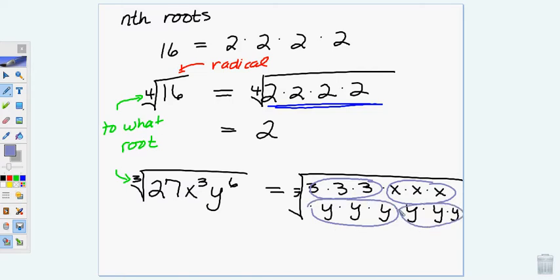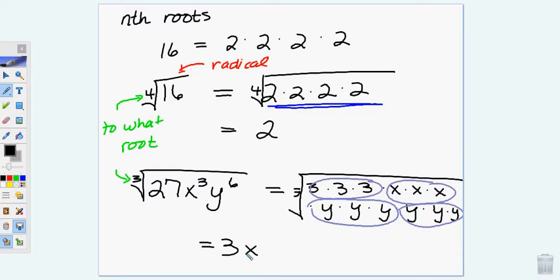So then what I want to do with that is, for every term that does have a group of 3, I can take that factor out of that radical sign because I've rooted it and use it. So if I have 3 3's, then once I take it out of that cube root radical sign, it becomes 3. And if I have 3 x's and I take it out of the radical sign, it becomes x.